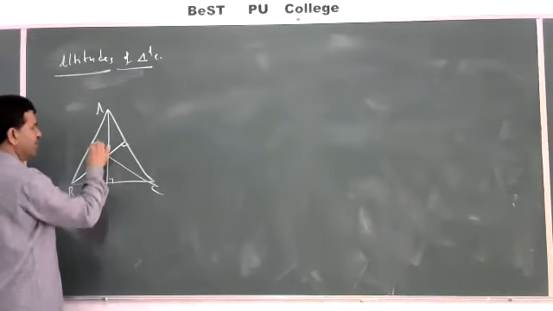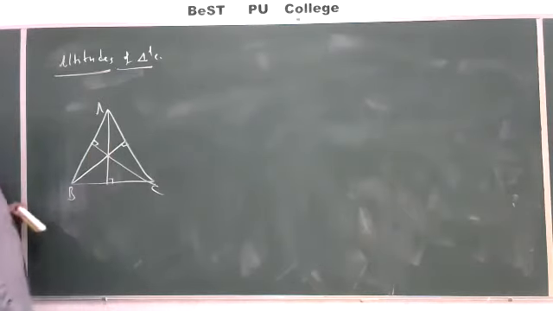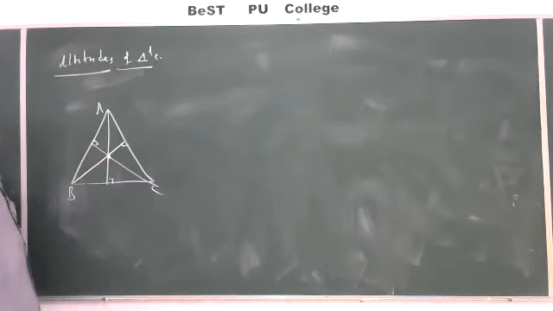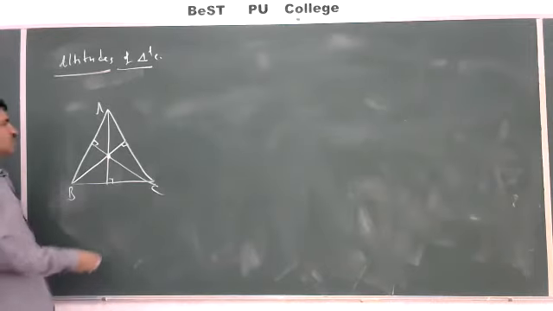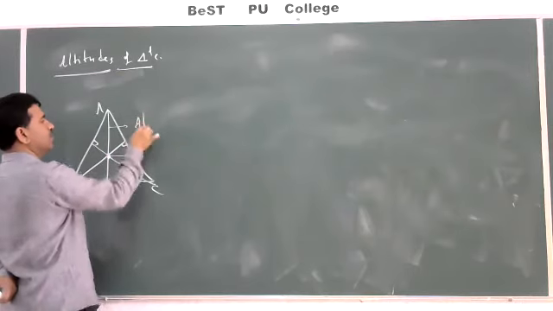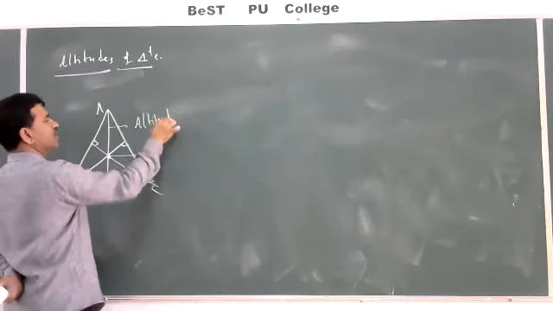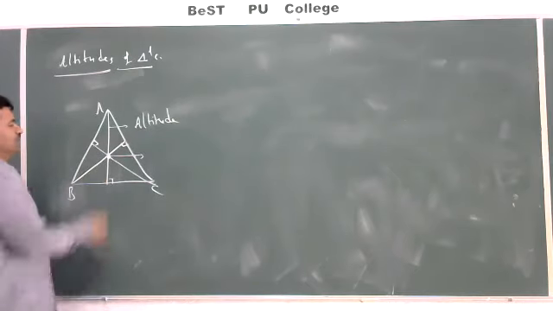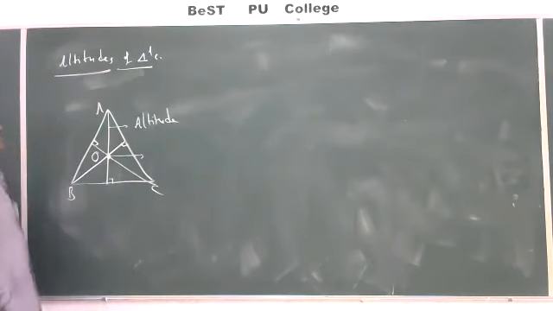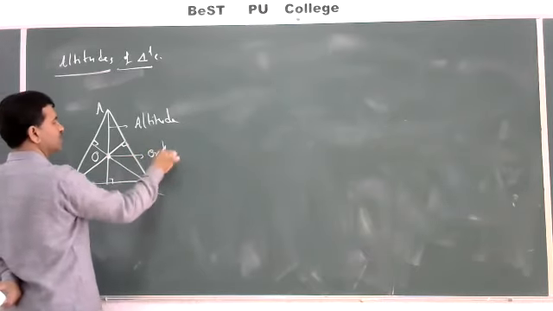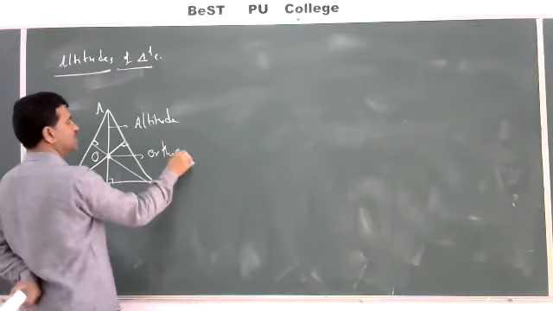In any triangle, all these altitudes are concurrent. This point of concurrency is called the orthocenter.